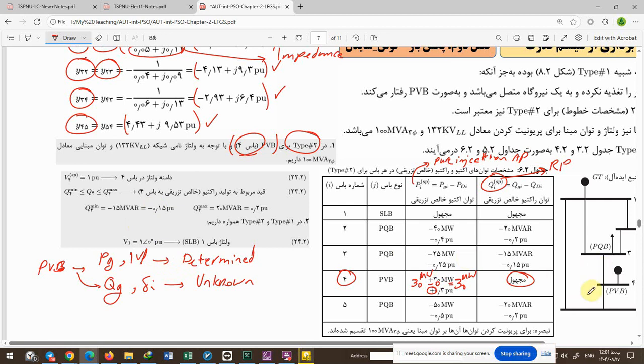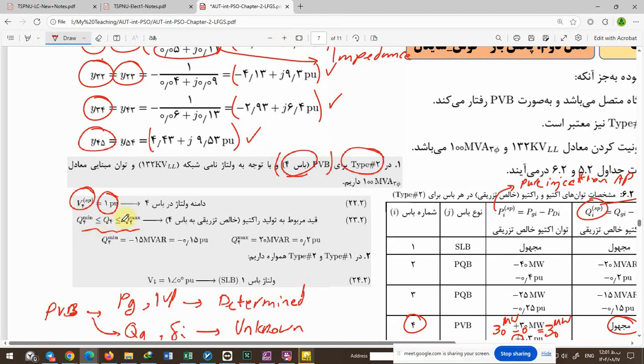In bus number 4, the PV bus, the specified amount of voltage is set at 1 per unit. The Q generation of bus number 4 has a limitation, a maximum and minimum amount. This is called the reactive power generation limitation.